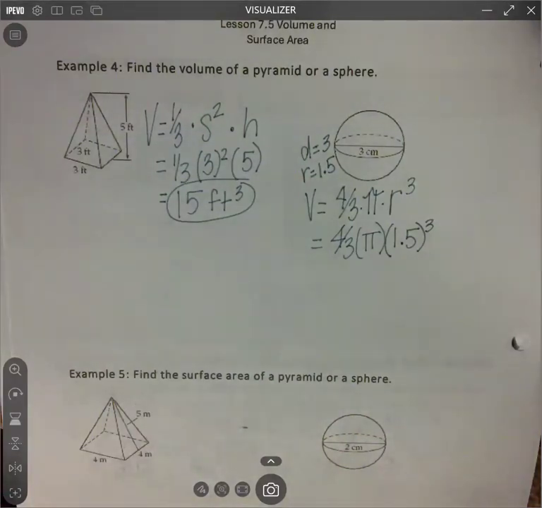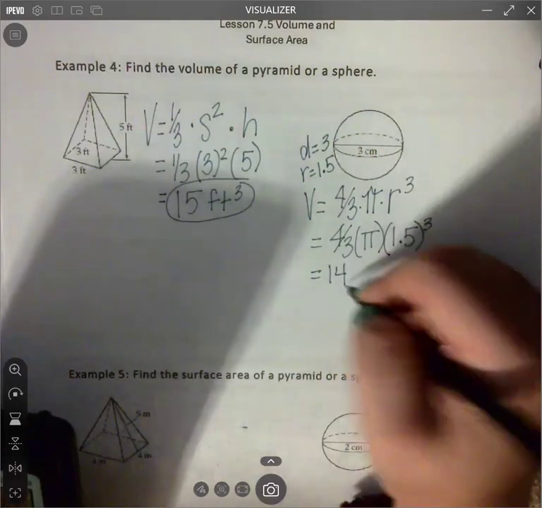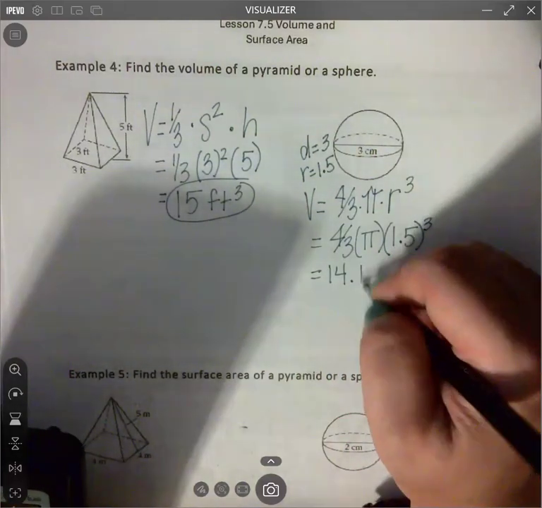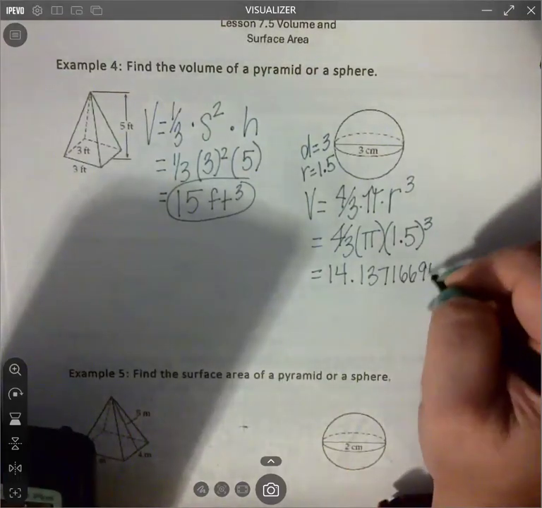Again, I'm going to multiply by pi on my calculator, the pi button, and then my 1.5 to the third power. Hopefully you got 14.137166694.